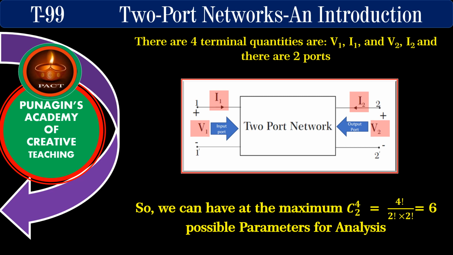The meaning is, based on the terminal quantities and the ports that are available, we can have 6 possible different types of parameters for analysis, and we shall see what they are in the subsequent discussion.